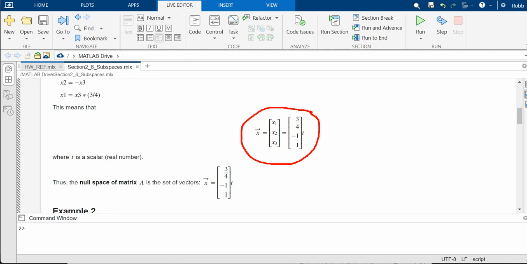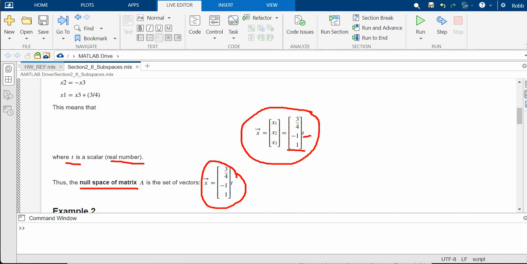And remember that we were solving the homogeneous equations, right? And so we find this vector form, there's just this one vector times a scalar t. So the set of all possible vectors like this, where t is some scalar, or in this case, a real number, that's going to be the null space of the matrix. The null space of the matrix A is the set of all possible vectors that look like this constant vector times t, where t can be any real number.